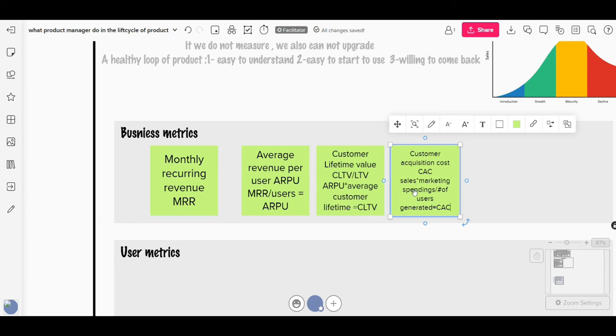We get this metric by dividing the total spending on sales and marketing to get new users by the total number of new users we get in a period. We use these two metrics, CLTV and CAC, together to identify whether our customers can bring us more profit than what we have spent to attract them.